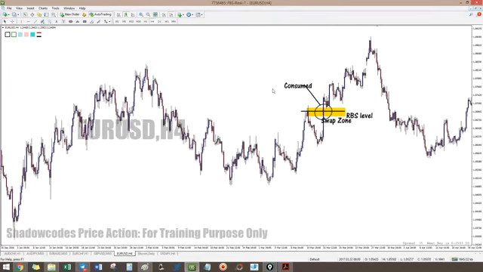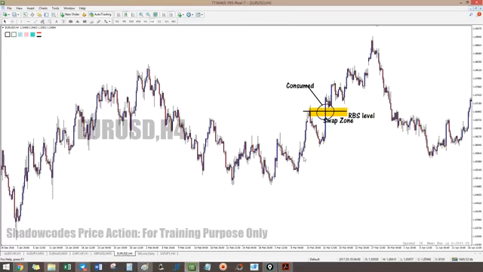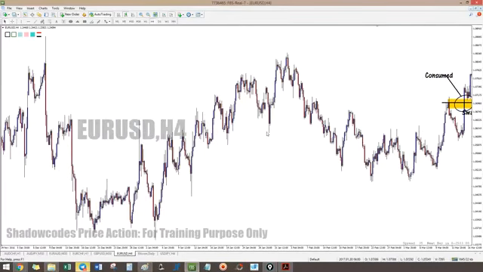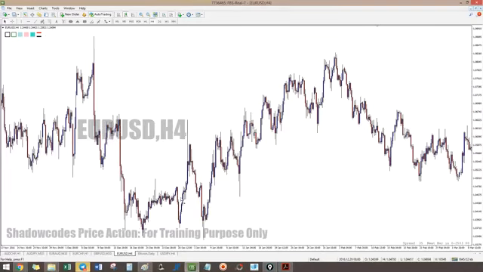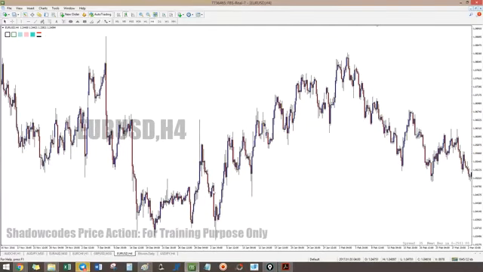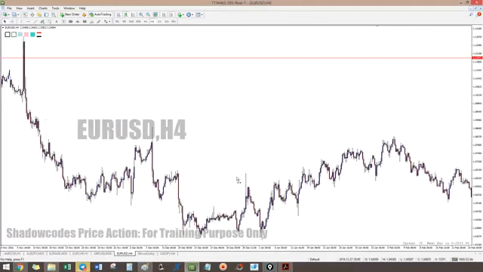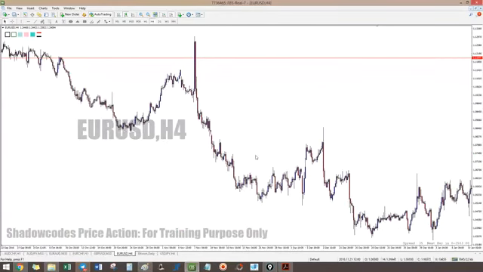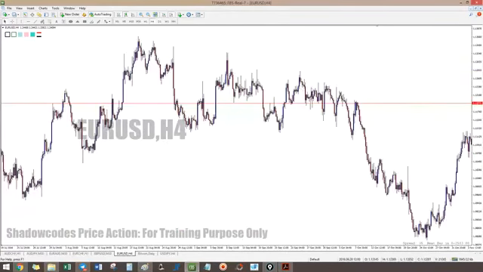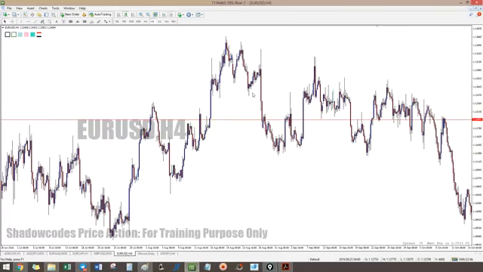Let's just leave it. This is not good. Drop base drop as a swap zone. Wait a moment.